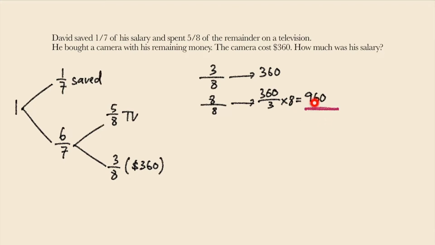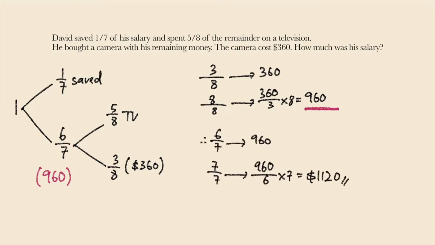What do we have at this point then? This 960. Well, it's 8 units, isn't it? Isn't that these 2 branches, 8 out of 8? Therefore, I can say that this 8 out of 8 represents 960, which also means these 6 units out of a total of 7 represent 960.